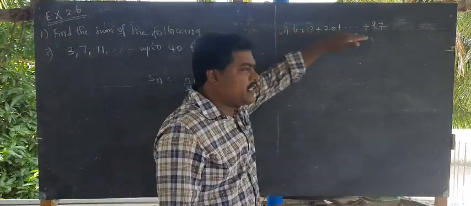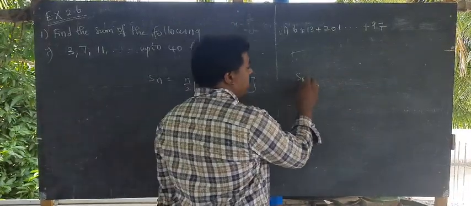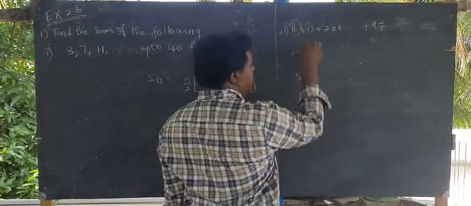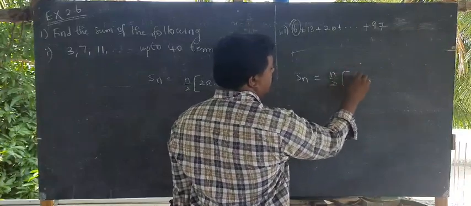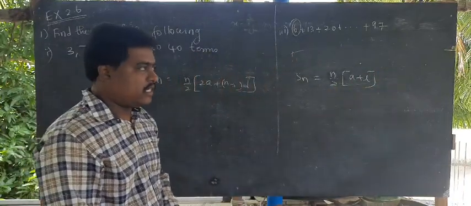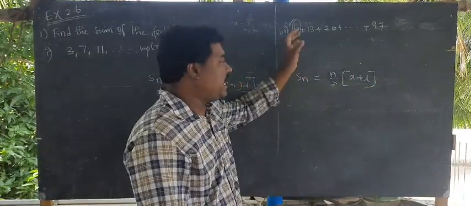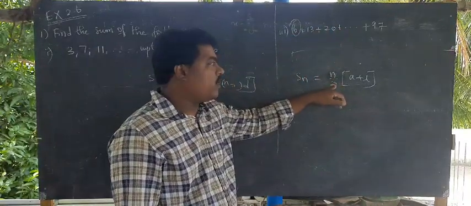Then we have to find the sum of the series. Since we have the first term and the last term, just write n by 2 into a plus l.